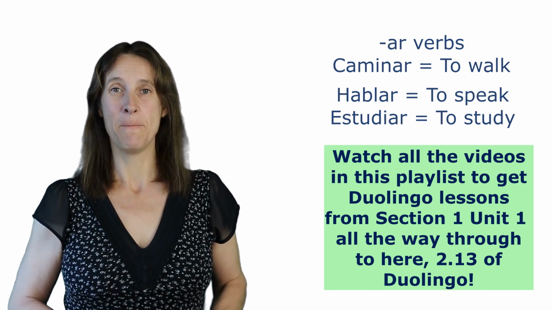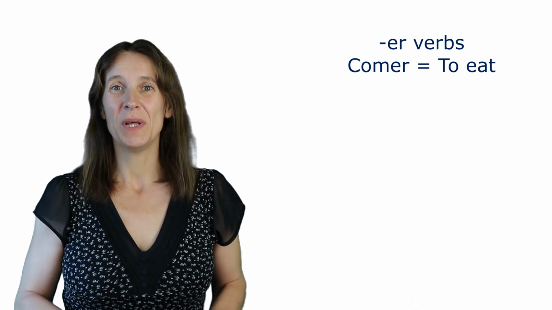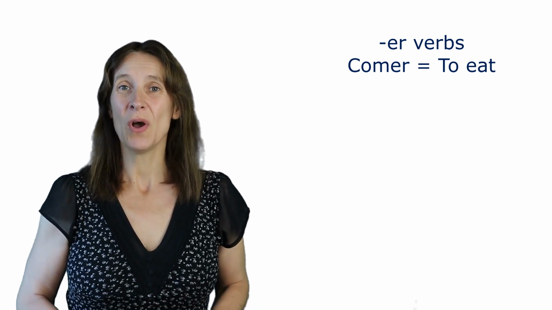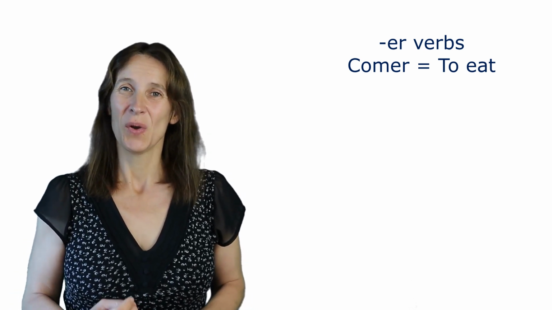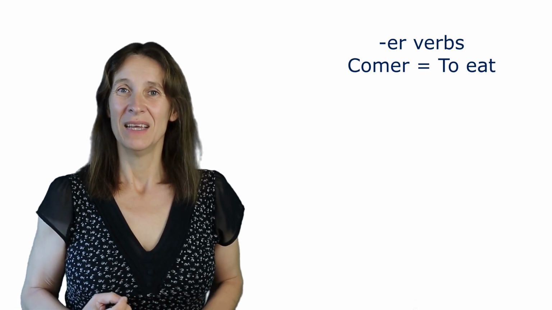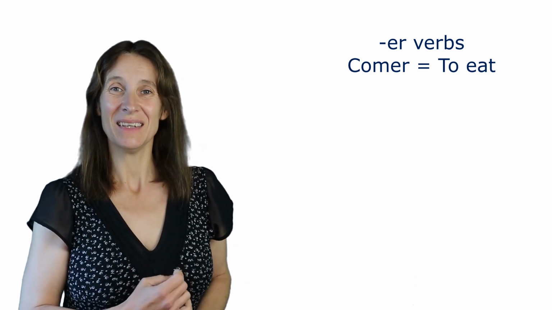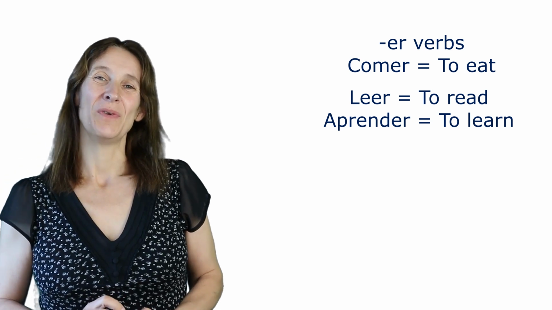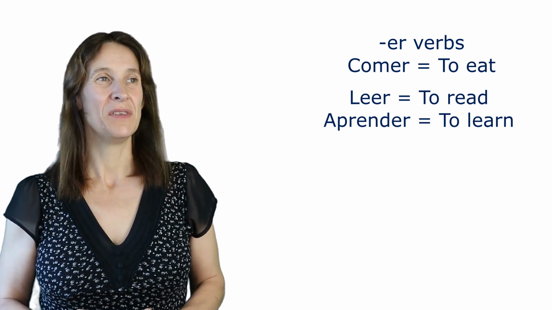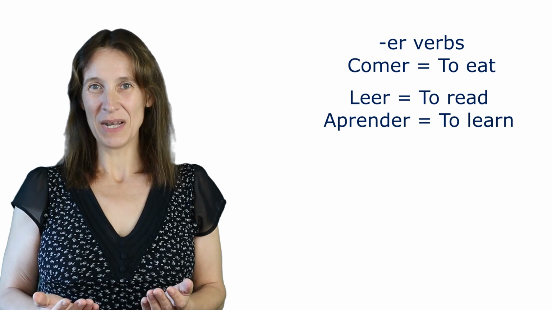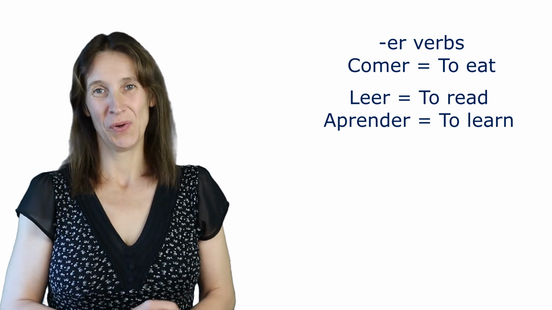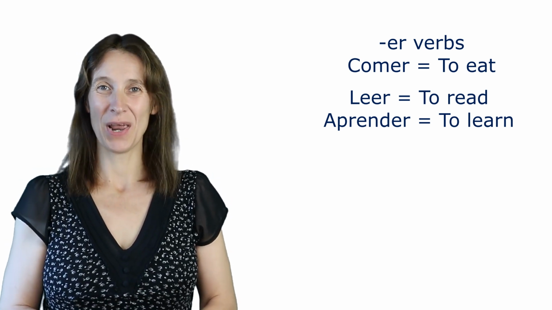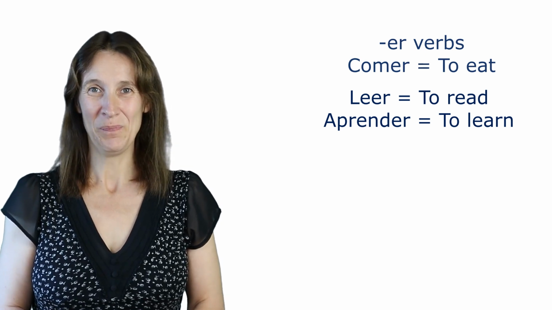Study Spanish. Maybe you will comer en un restaurante con tu familia. Comer means to eat. Maybe in your free time you like to leer un libro. I'm sure that you like to aprender español.